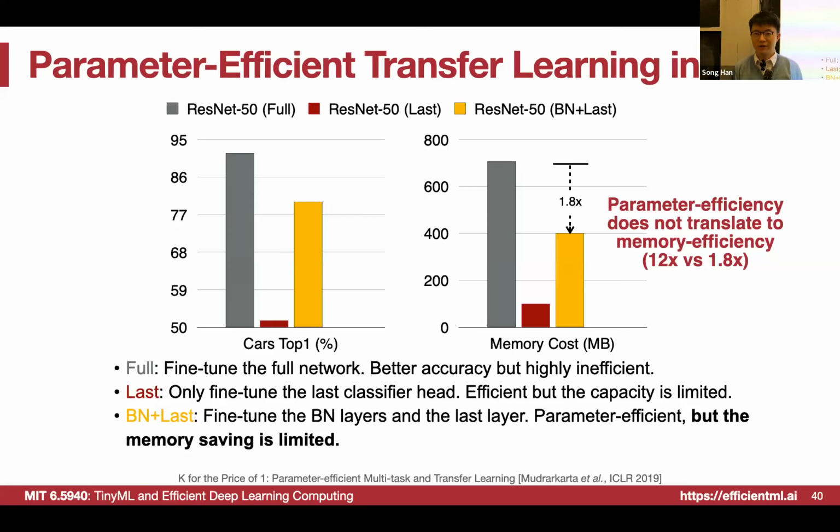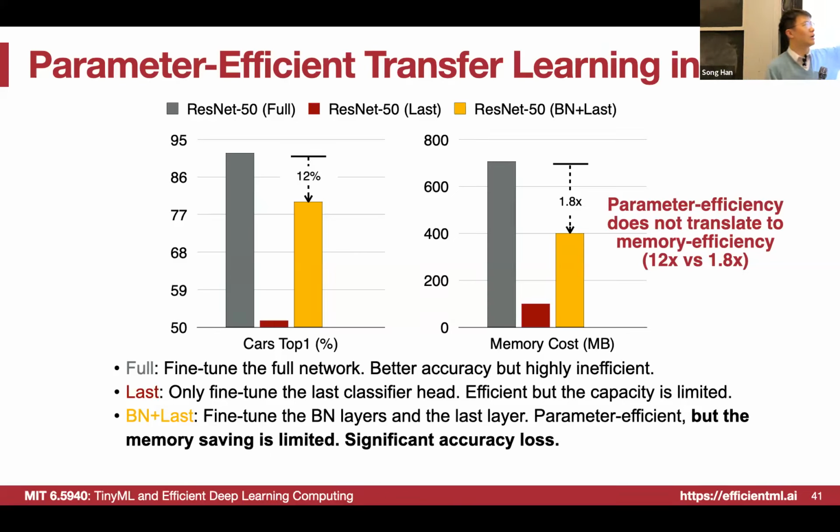So in order to fine-tune those batch normalization layers, you still have to store a lot of activations, and those are the actual real bottleneck. So fine-tuning the batch normalization layer is very parameter efficient, but the measured memory saving is limited.